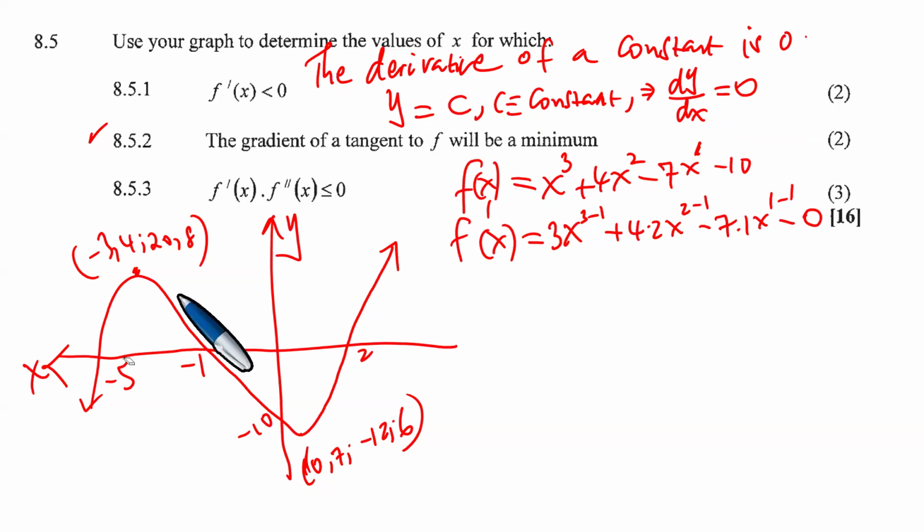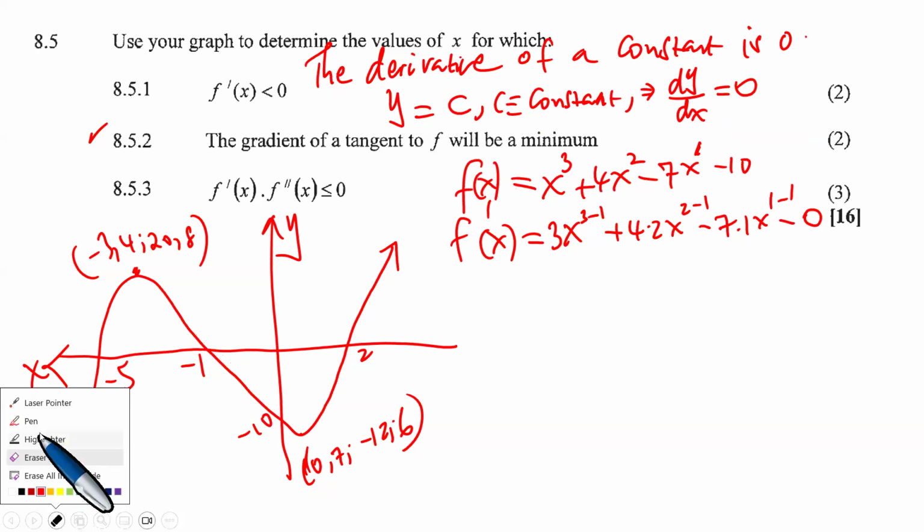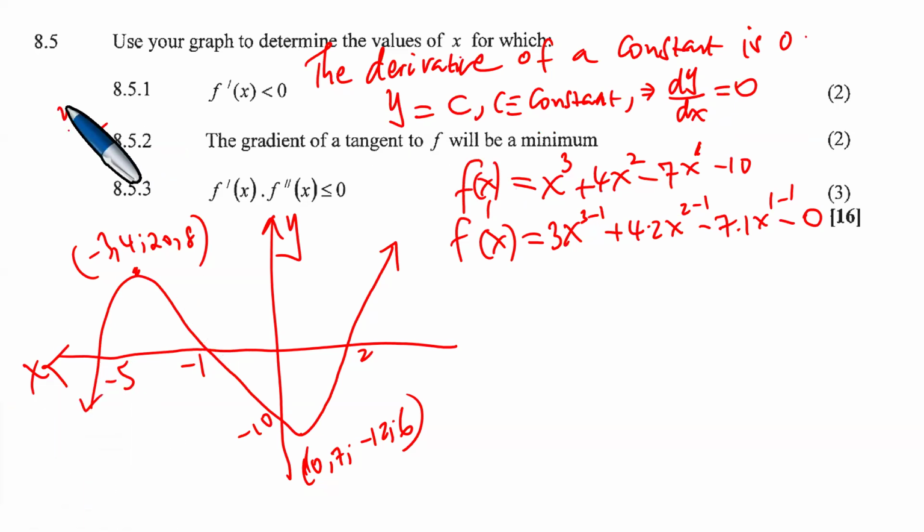The derivative of a constant is zero, meaning the derivative of a number is zero. Okay, y equals 3, dy/dx is 0. If y is a number, then the derivative of a number is 0.